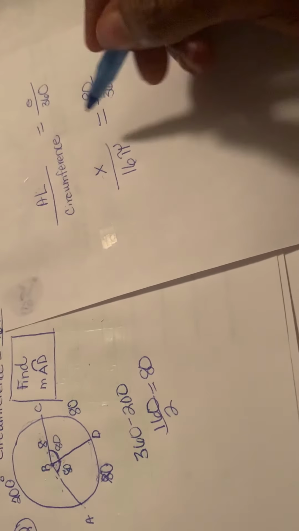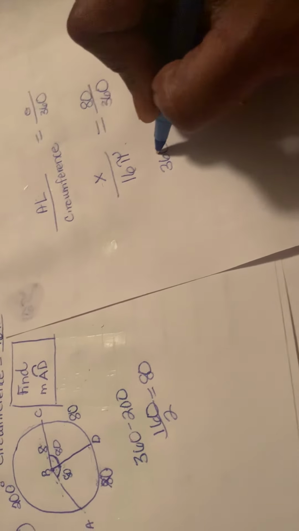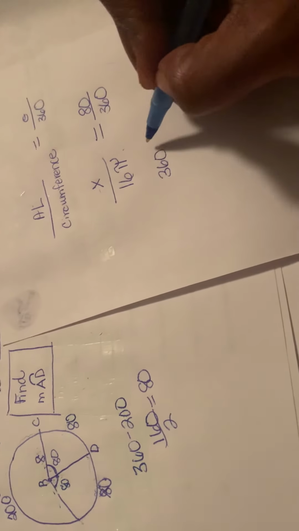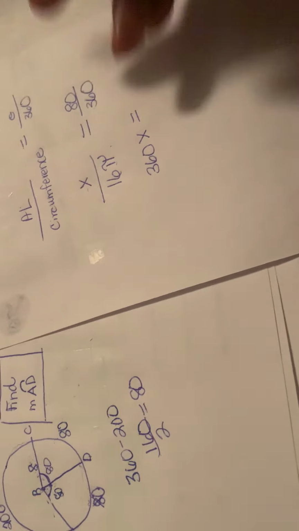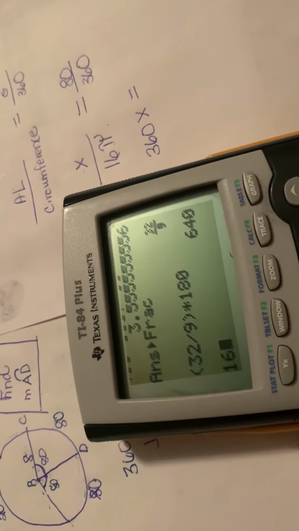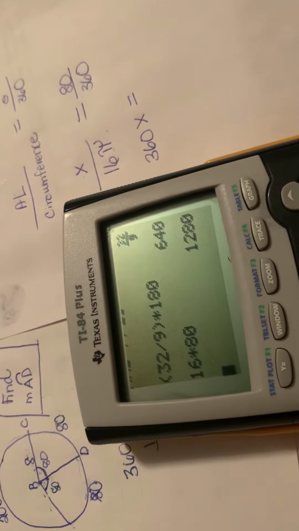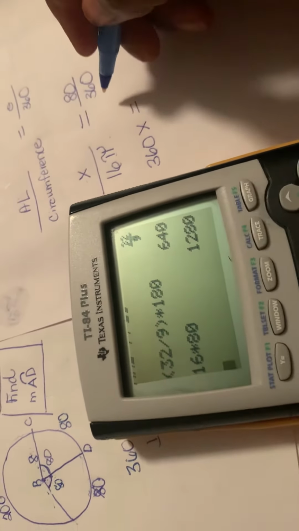We can cross multiply to get this answer. So I'll cross multiply 360 times x, which will give me 360x. And then I'll cross multiply the other way. So 16 times 80. Remember, we're using all numbers. Pi just goes in the final answer. So that's 1280 and then pi.